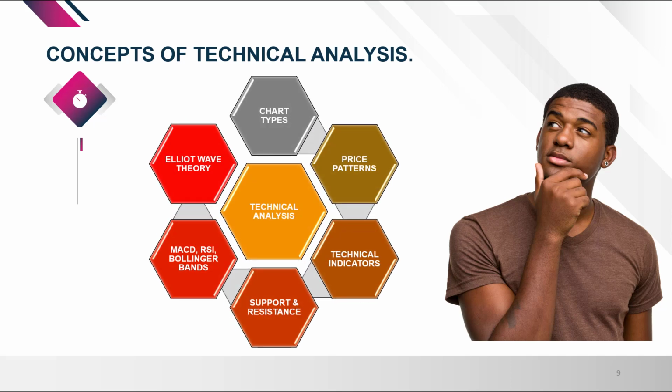What makes up technical analysis? So we've got the Elliott wave theory, we've got chart types whereby we have candlesticks, we've got bar charts, we've got ticks, and we also have a line chart. Then we've got price patterns, for instance, head and shoulders patterns, inverted head and shoulders patterns. Then we've got technical indicators.